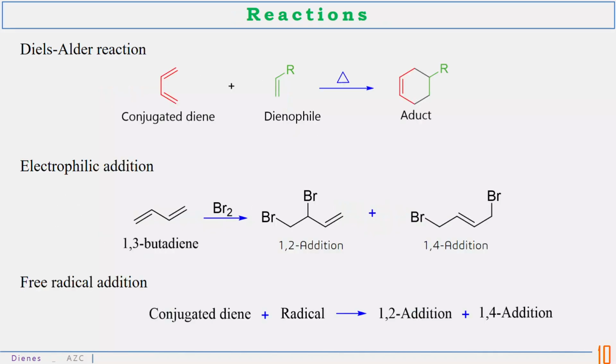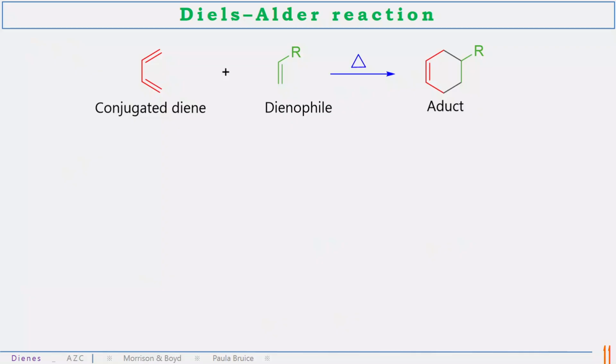Reactions of dienes we will see in detail are Diels-Alder reaction, electrophilic addition reaction, and free radical addition reaction. Diels-Alder reaction.